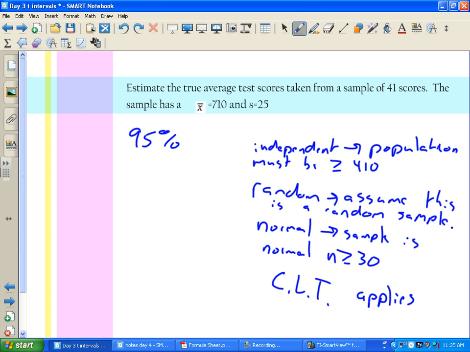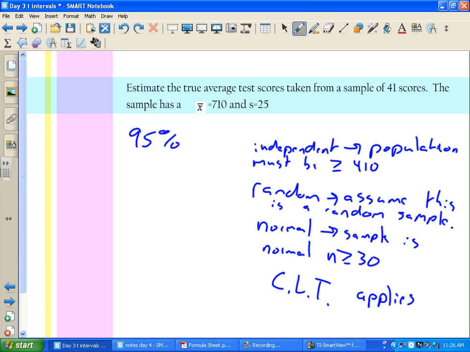Does that make sense? I was looking at 410 and thought, our population must be greater than 410 people. Why? Because 41 is what we sampled, and our sample has to be less than 10% of that population in order to meet this justification for independence.